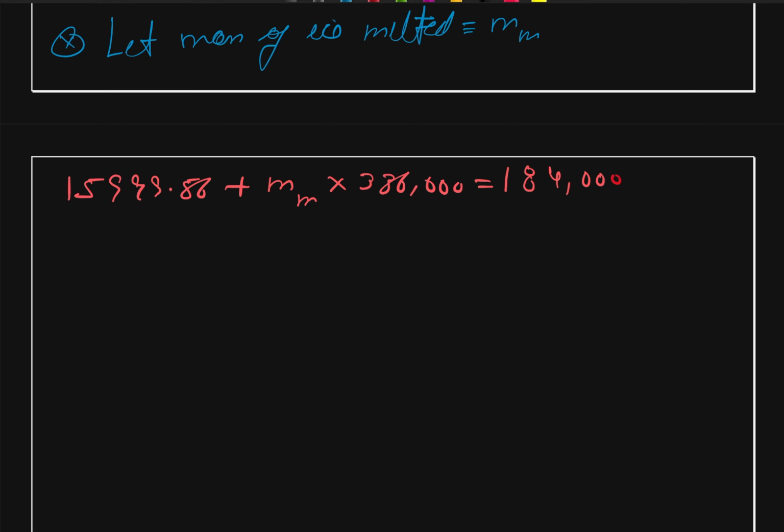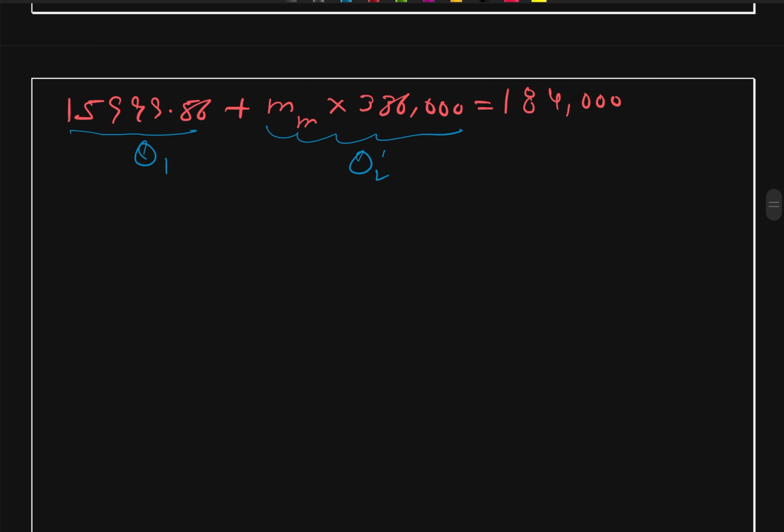That is basically our conservation. So this is our Q1 and this we calculated Q2. We can call this as Q2 prime in order to differentiate from our Q2, and that is equal to total heat given. And from here we can find out our m, that the mass melted will be equal to 0.5 kg.